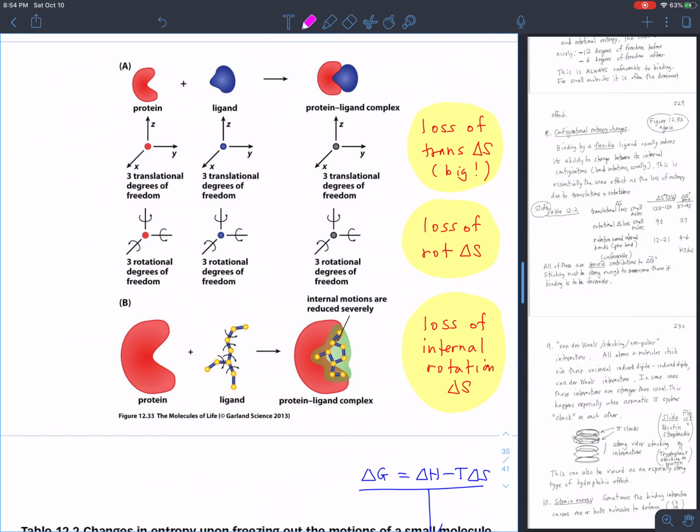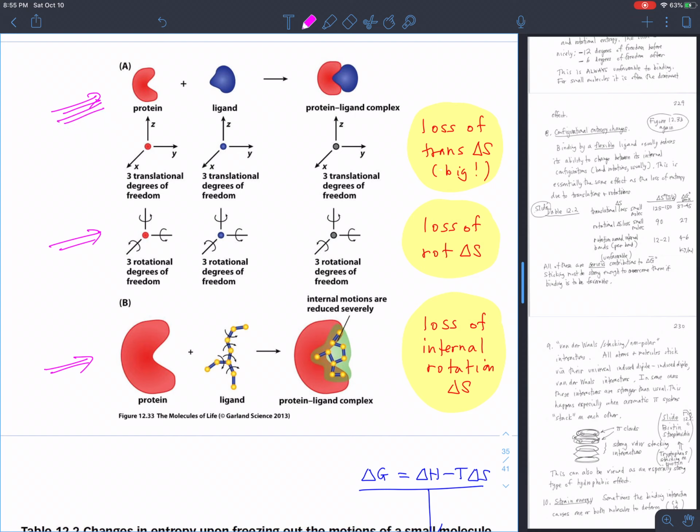The next contribution then is the loss or gain of translational entropy, rotational entropy, and internal configurational entropy. And this is pretty straightforward. There isn't too much to talk about. I think it's what everybody would have assigned to a delta S for binding anyway, naively ignoring hydrophobic effects and all the other things.